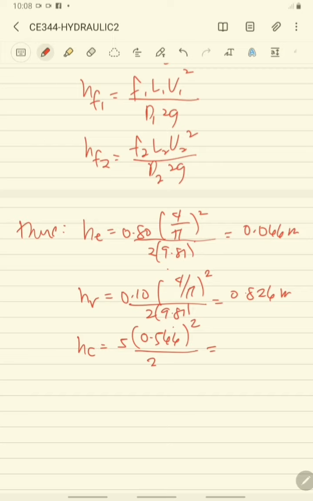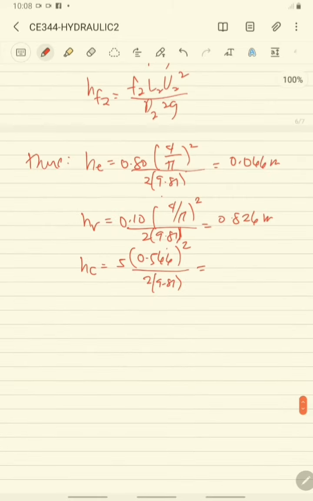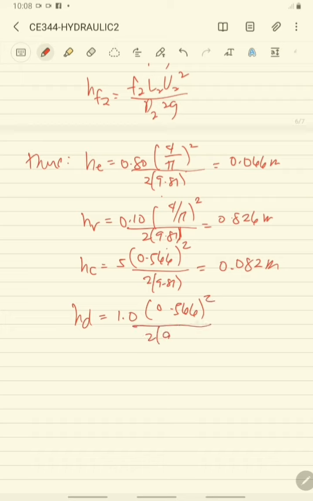Then again, for the head loss at the discharge, 1.0 times 0.566 squared over 2 times 9.81, this is 0.016 meters.